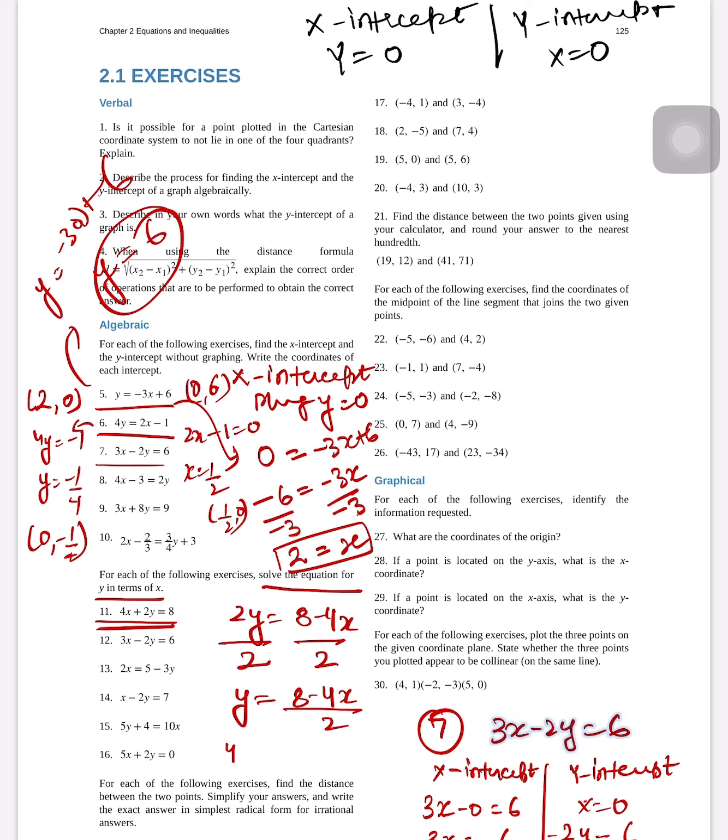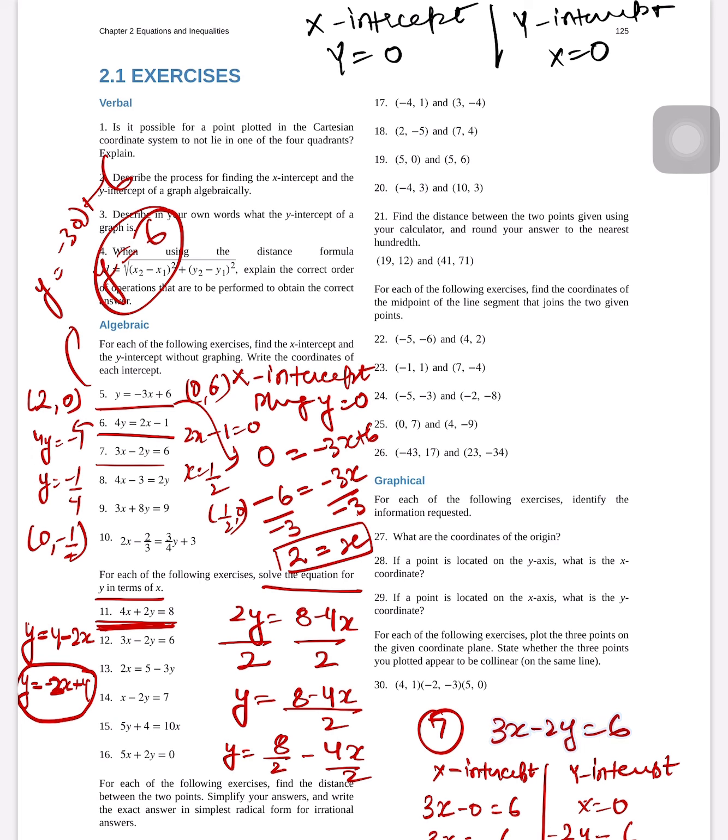You can simplify it more, which gives you 8 over 2 minus 4x over 2. So 8 over 2 is 4, and 4x divided by 2 is 2x. So y is equal to 4 minus 2x. Or you can write it in slope-intercept form: y is equal to minus 2x plus 4.